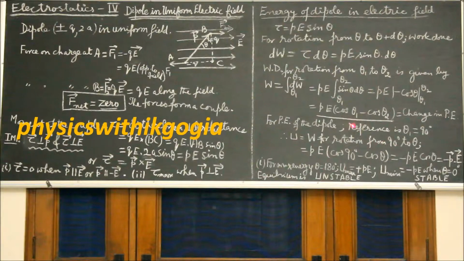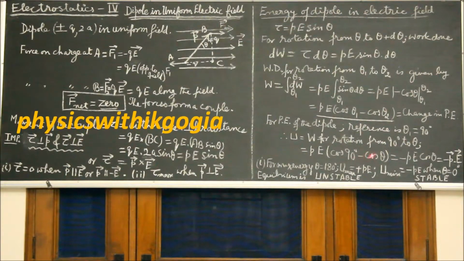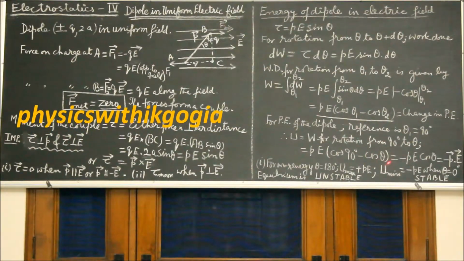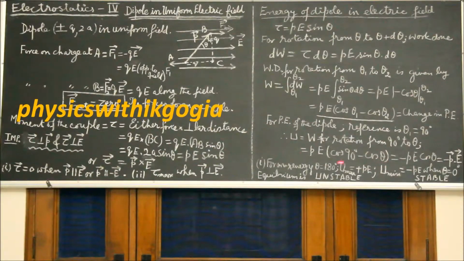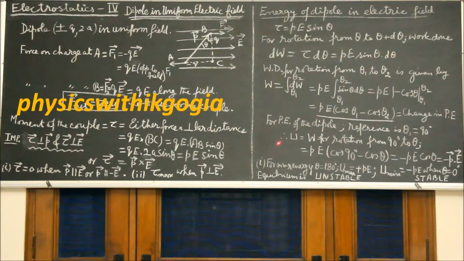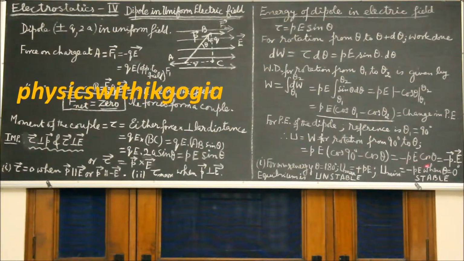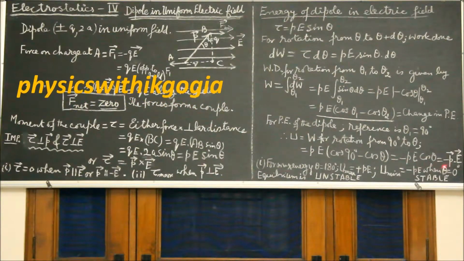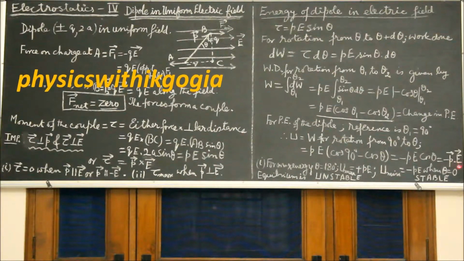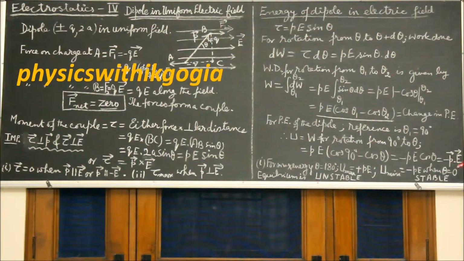So putting theta 1 equal to 90 and theta 2 equal to theta, some general value of theta, the expression for potential energy is minus PE cos theta equal to minus P dot E. This is the dot product of P and E.